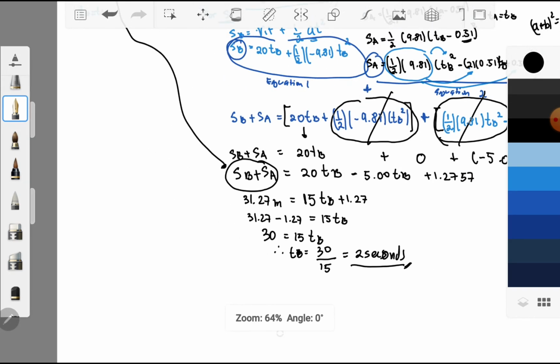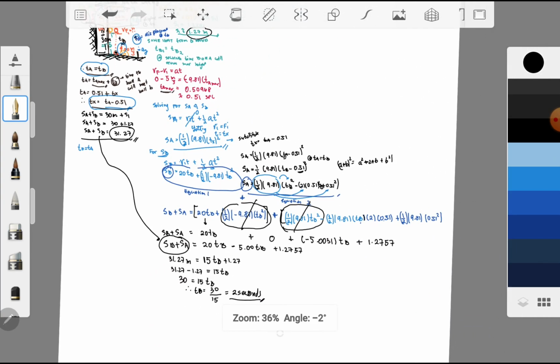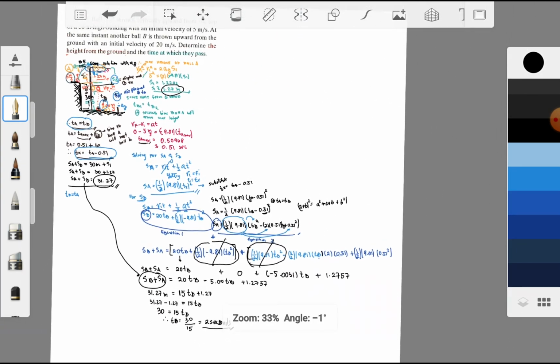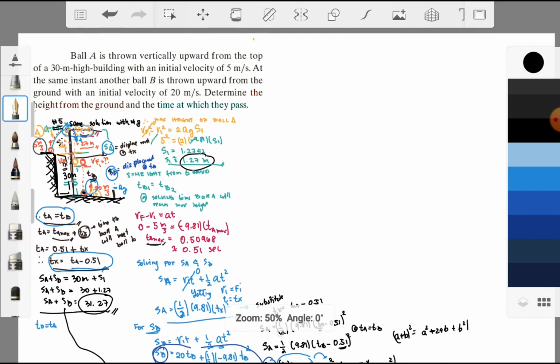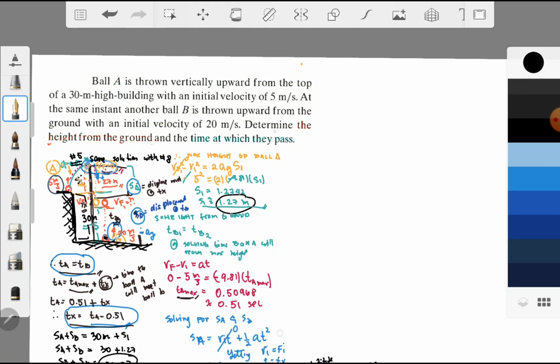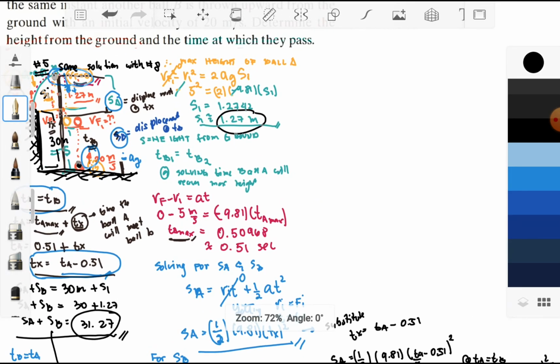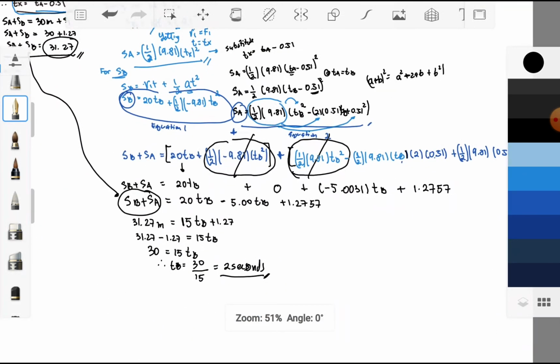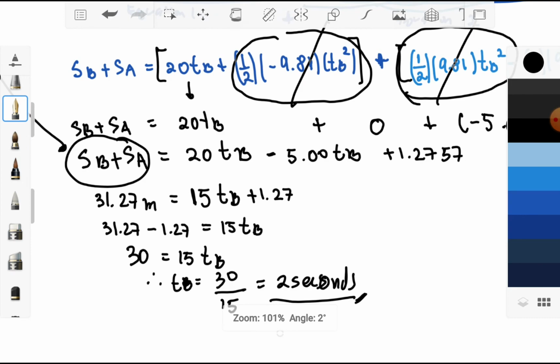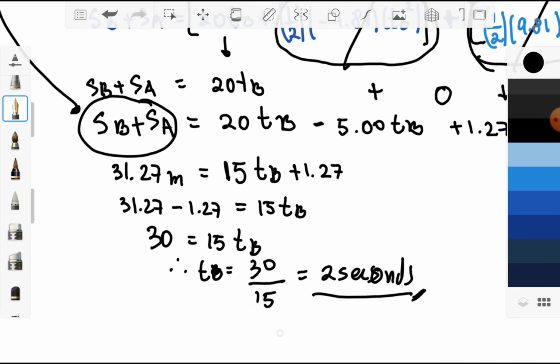Okay? That is the time at which they will pass each other: 2 seconds. So, determine the height from the ground. How will we determine the height from the ground? First things first, take note that your TB is equal to your TA.